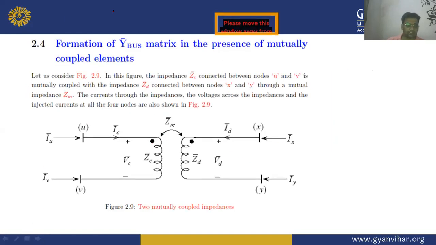Now let's start with the formulation of the Y bus matrix in the presence of mutually coupled elements.